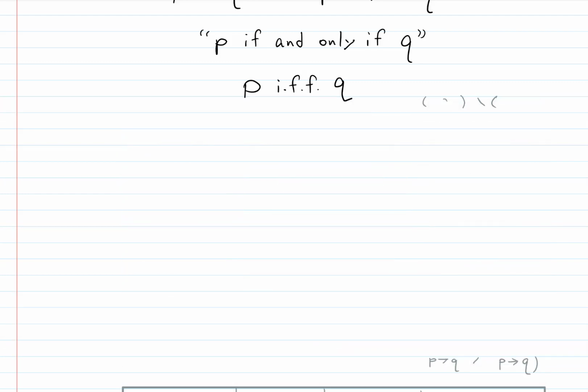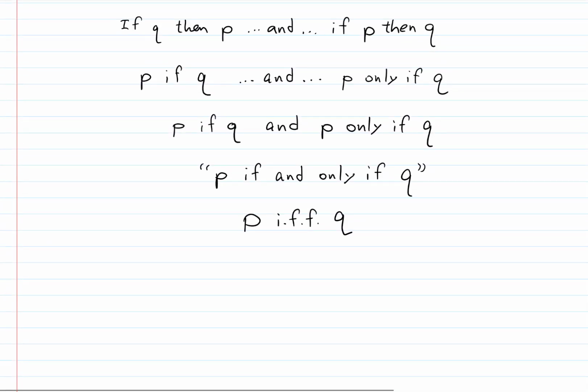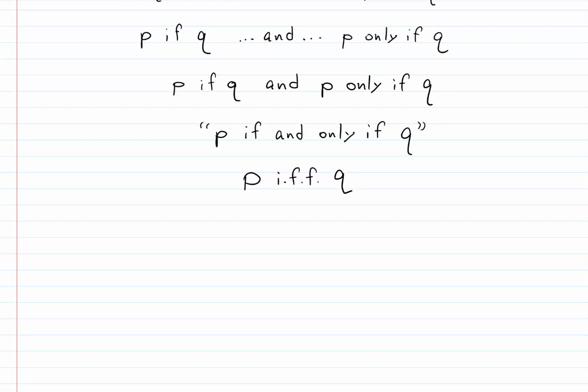We did it. You do need to know how that truth table works, but we don't need to keep looking at it right now. You want to see it again? You can rewind the video. What I want to do is draw your attention to this line right here. That sentence. P if Q and P only if Q.